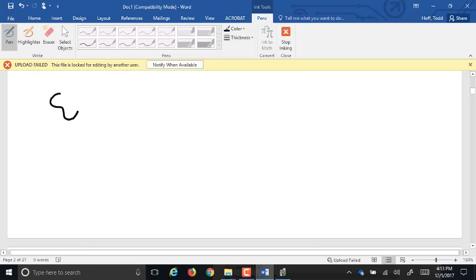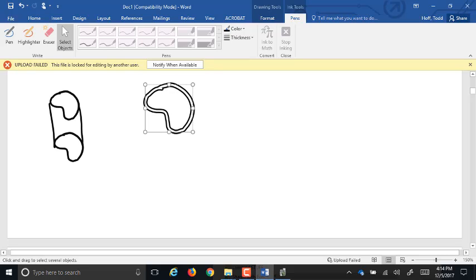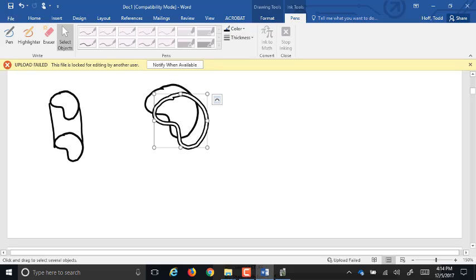If I have a weird shaped object, like that, my computer is really not liking this at all. And we're going to enlarge it.